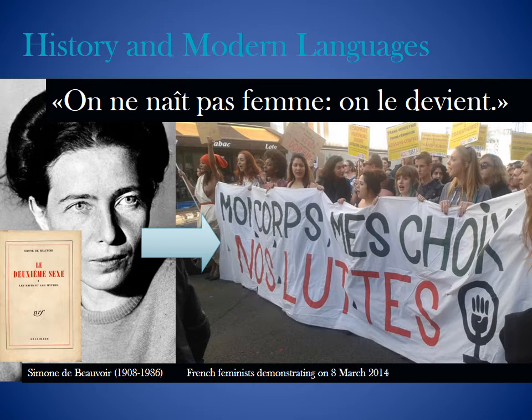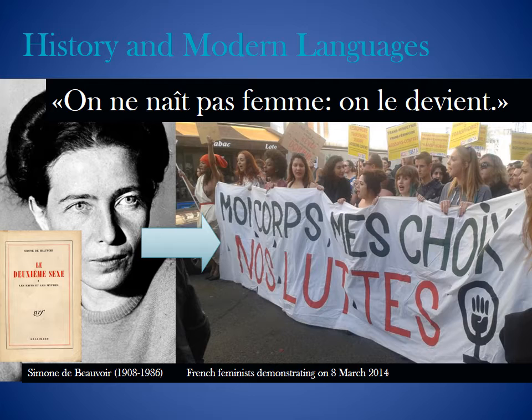If you are interested in ideas, philosophical ideas, political ideas, for instance, here, the intellectual origins of feminism, then HML would be a very good choice for you, I think. You'd be able to read a key feminist text like Le Deuxième Sexe by Simone de Beauvoir in the original French.